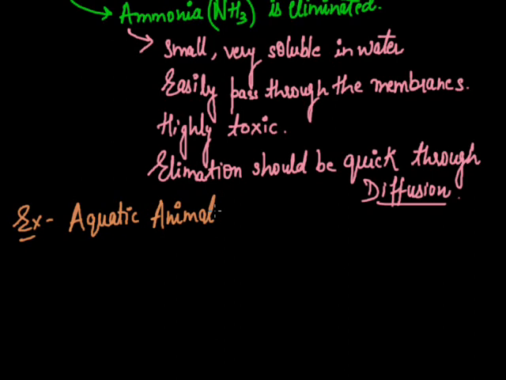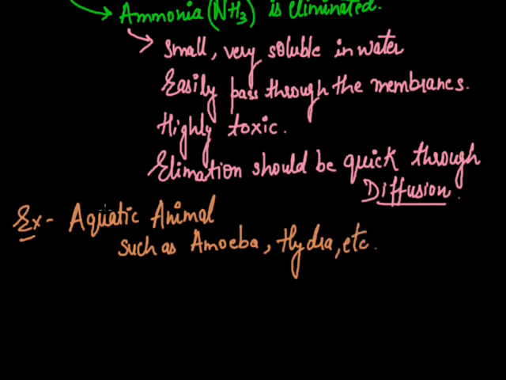Ammonia easily diffuses in water through simple diffusion and mixes with the water. It is soluble in water and is removed from their body. Aquatic animals such as amoeba, hydra, etc. This is all about ammonotelism.